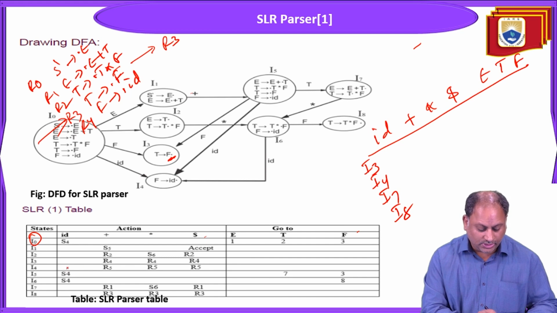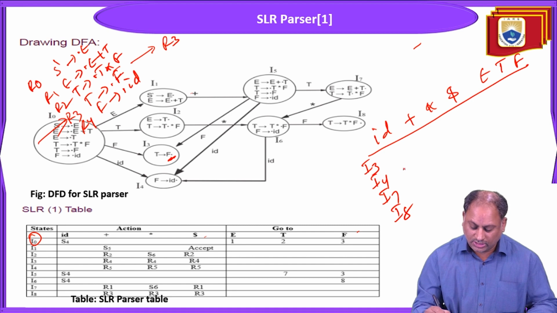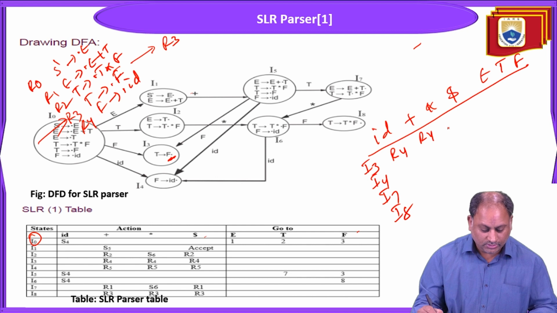So where I3 occurs, we have to write across the row I3 the reduction R4 across plus, star and dollar. Why?